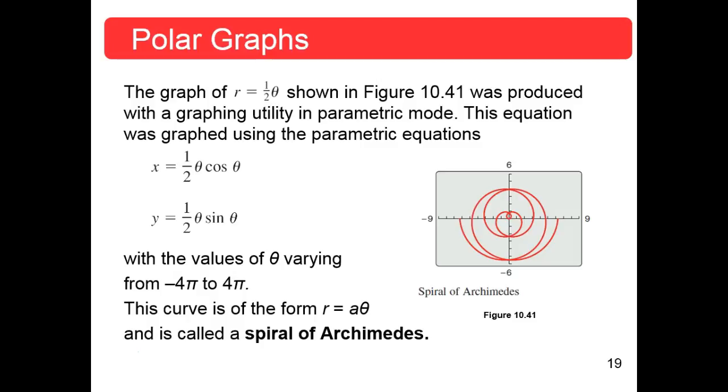They don't indicate the direction, but I can almost guarantee you it's going this way. From here to there, to there, loops around, and then starts going back out to there. Okay. The curve is of the form r is equal to a theta, and it's called a spiral of Archimedes.